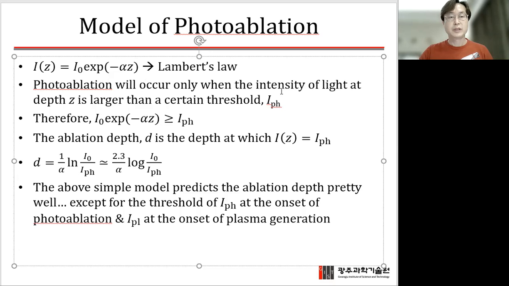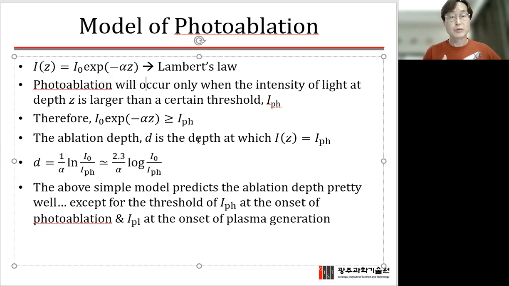So therefore, at the depth of Z, the light intensity I0 exponential minus alpha Z should be larger than the threshold level.